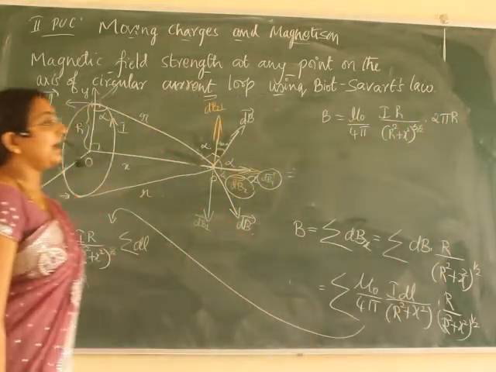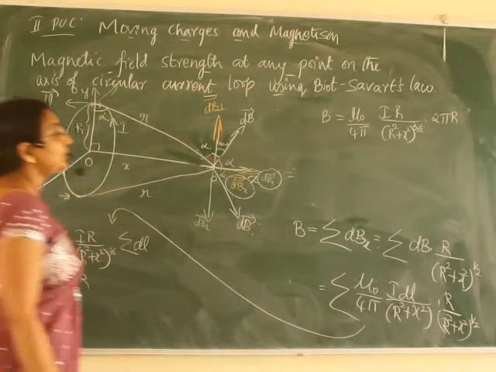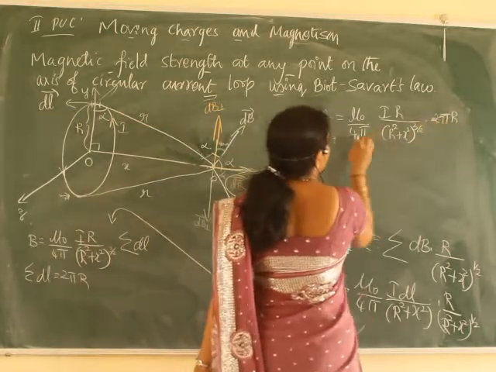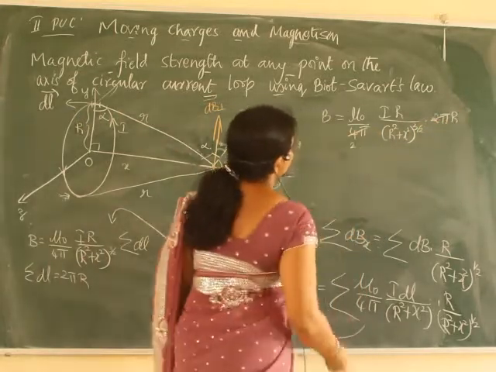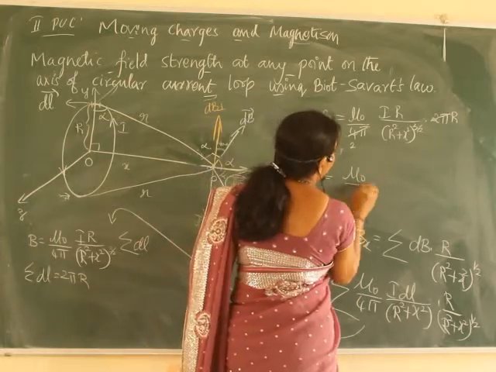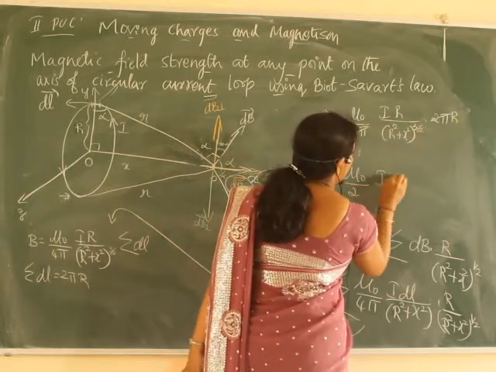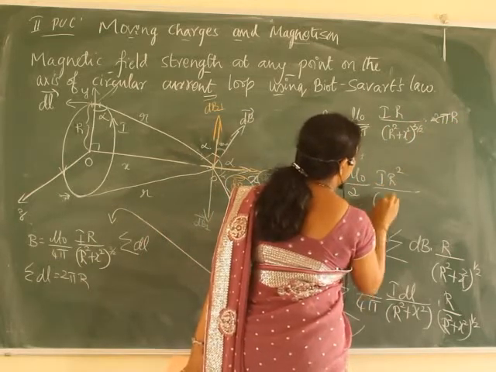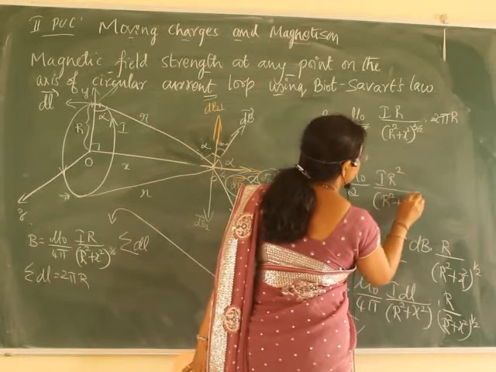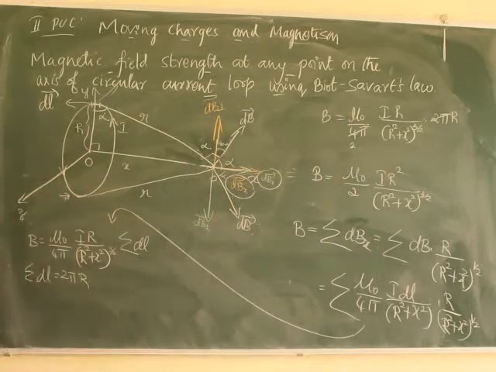Here, 2 pi over 4 pi gives 1 by 2. Therefore, B is equal to mu naught by 2 I r into r, which is r square, I r square divided by r square plus x square to the power 3 by 2. This is the expression for the magnetic field.